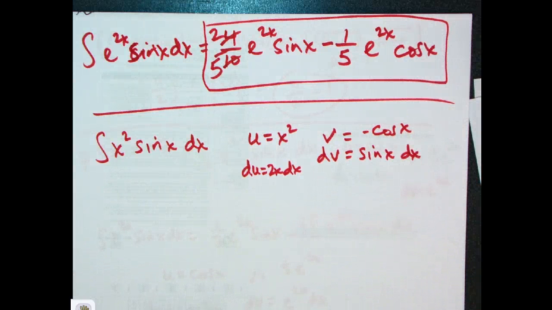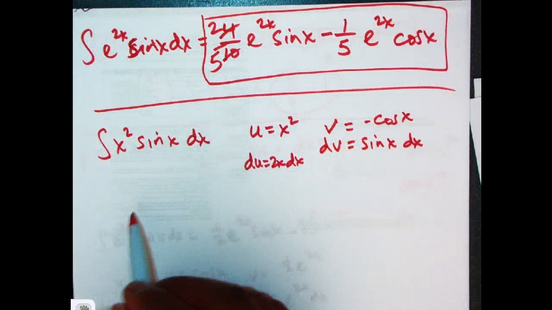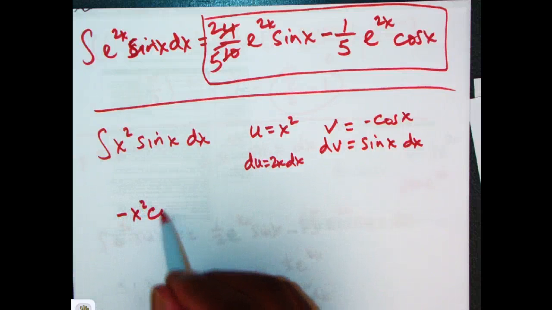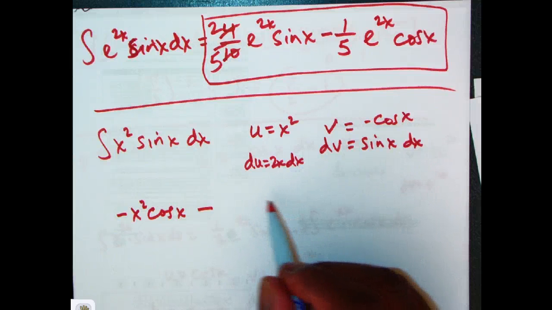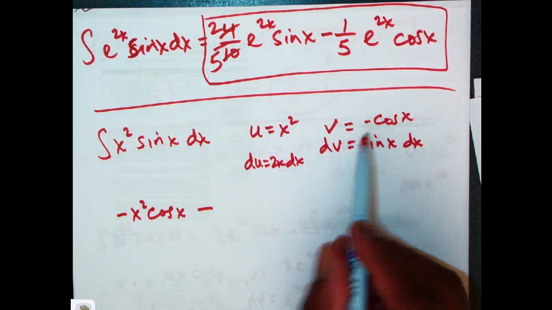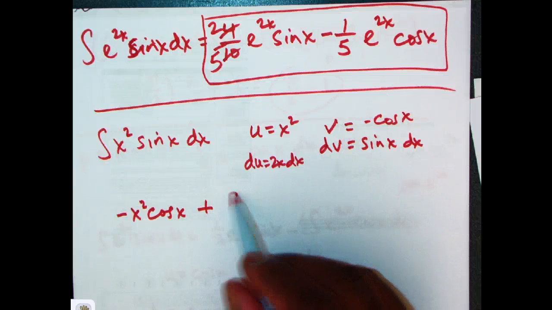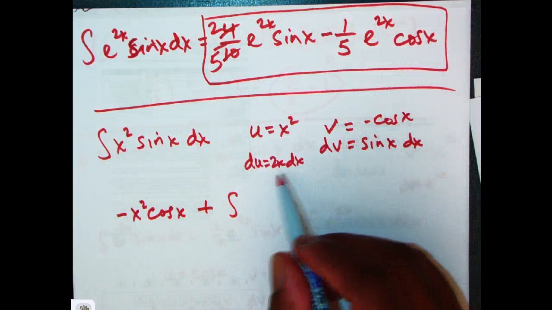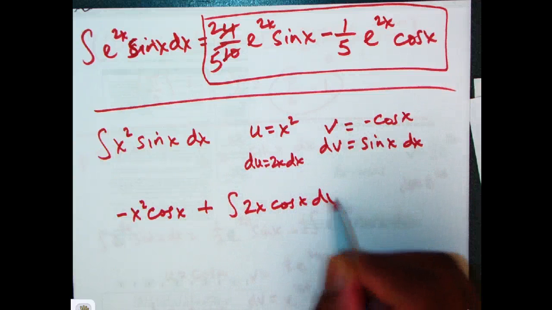Okay, so we end up with uv, so it's going to be negative x squared cosine of x minus the integral of v du. Because that is a negative cosine of x, make that a positive. So we end up with v du, so that's 2x cosine of x dx.